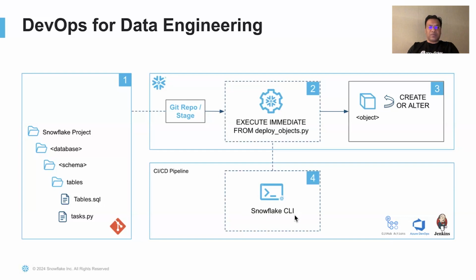And then I will be able to use my Snowflake CLI to do git execute, which allows me to run all of these files, whether they're in SQL or Python, all from Snowflake, and run all of these create and alter commands to manage the infrastructure of my pipelines all within Snowflake. And then I have these integrations to my CI/CD pipeline, which I can use to automate this whole process. So you are able to do changes in your remote Git repo on a feature branch, push all the changes, validate them, and then merge the changes to your master branch and run it in prod, all automating and making the productivity of your team go higher.